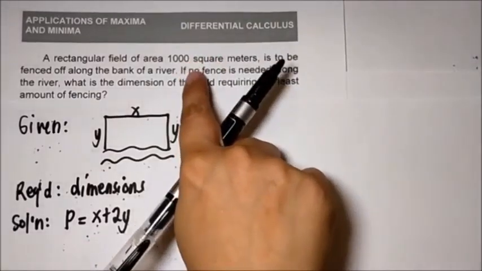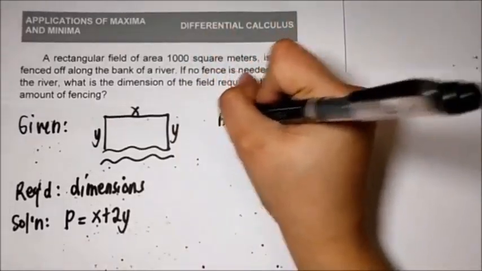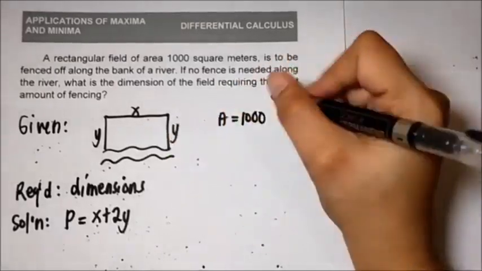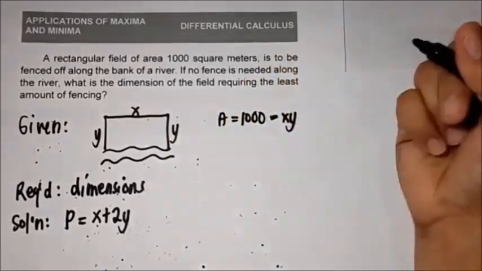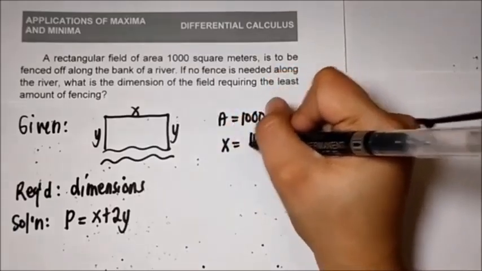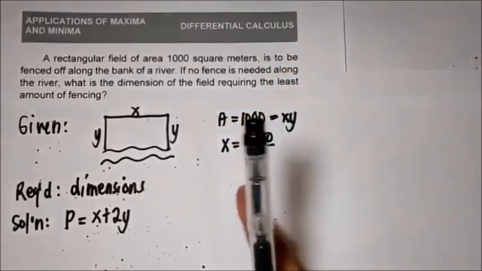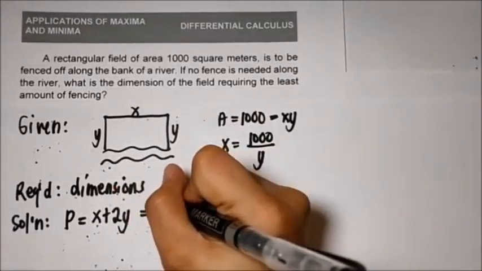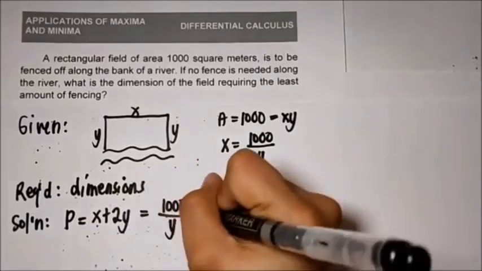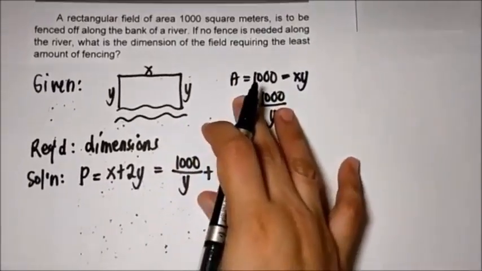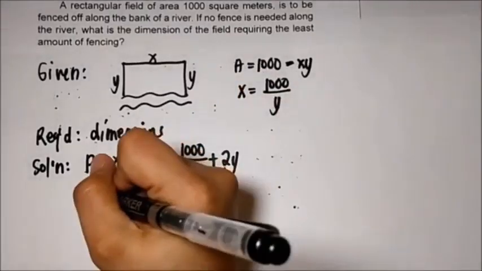So let's use the value of the area. The area is given as 1,000 square meters, and the area of this rectangle is xy. So let's solve for the value of x. It's 1,000 over y. We can now substitute this for x, so P is 1,000 over y plus 2y. Let's differentiate now with respect to y.